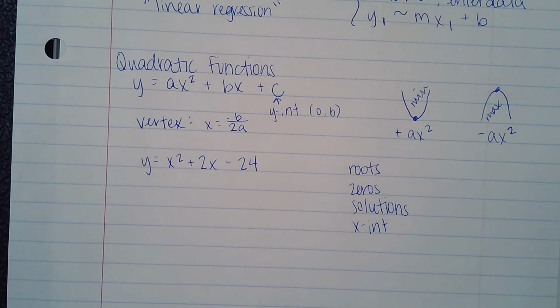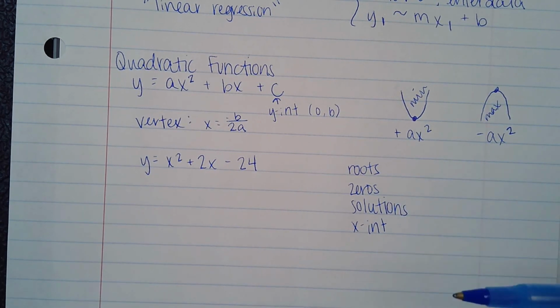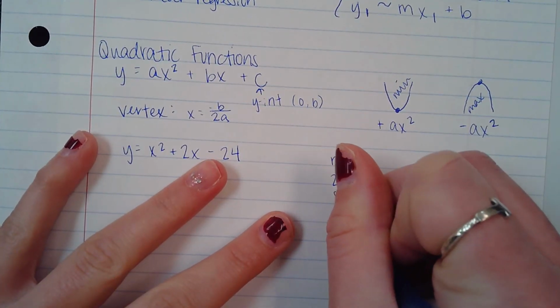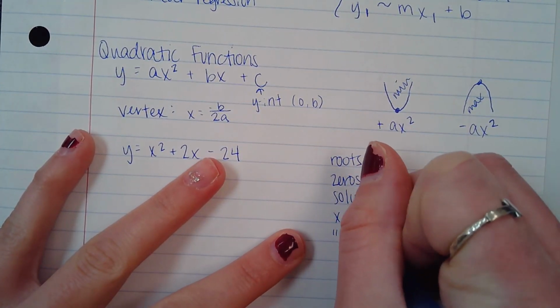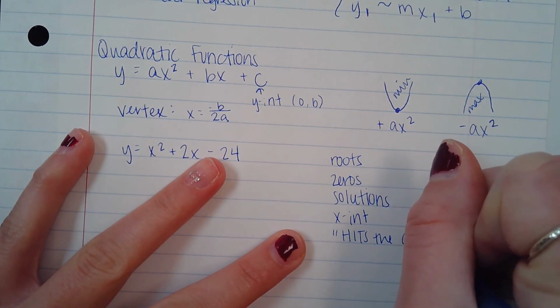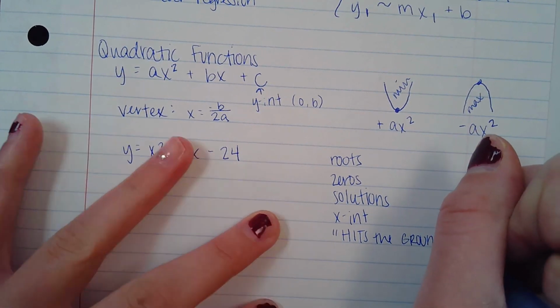There's a phrase that they use to tell you that in word problems. If they ask you when something hits the ground, what are you looking for? Zeros, roots, solutions, x-intercepts, any of those things, yeah? So if you see the phrase hits the ground, you're thinking the same things, okay?